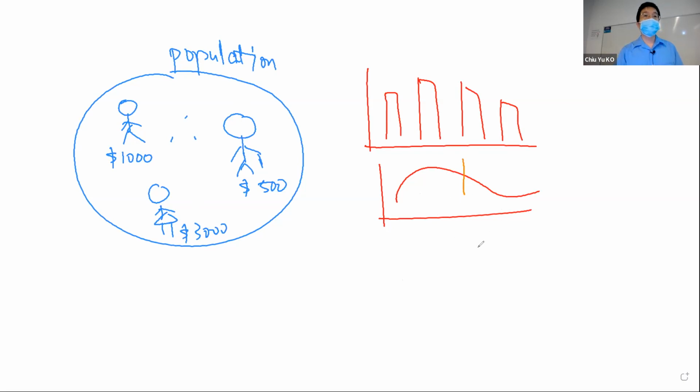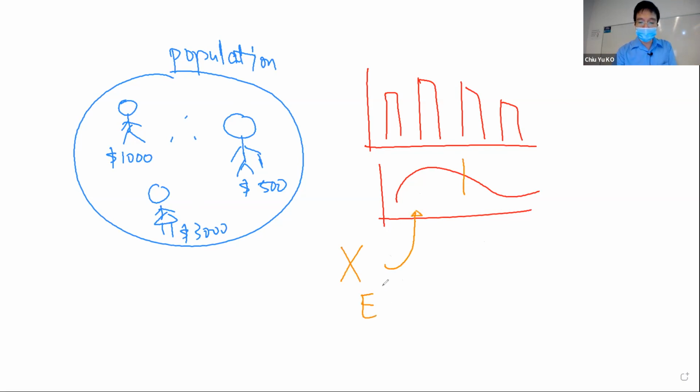You randomly pick a guy from this village, and you ask him his salary, or income. What does the income look like? Actually, the random variable will follow this distribution.